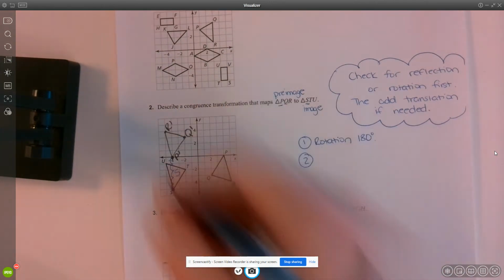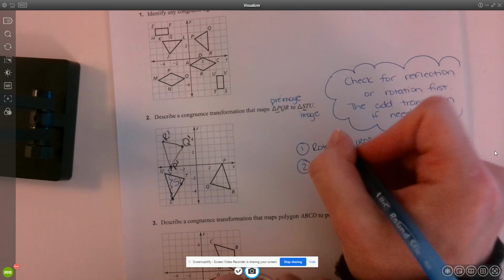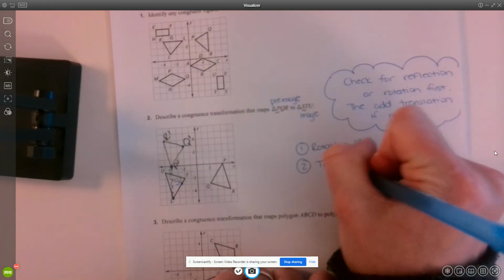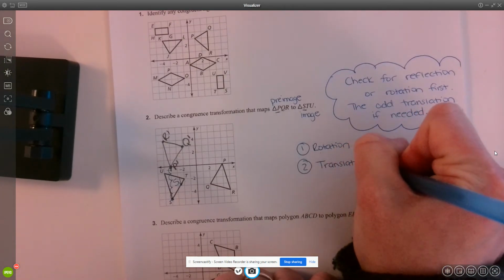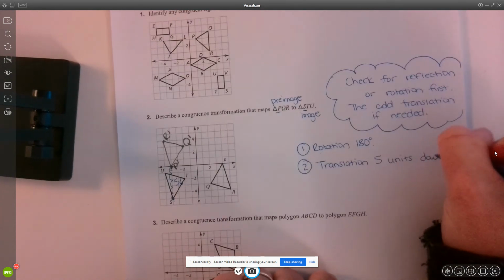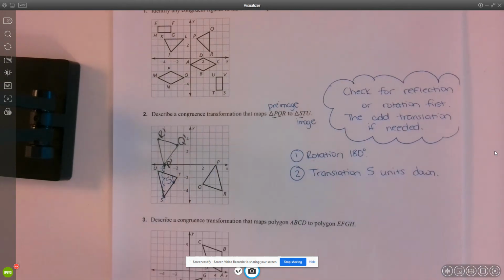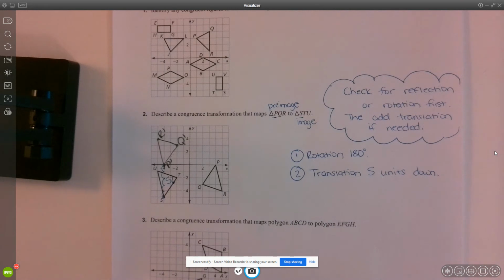I just need to move it 5 units down. So after my rotation of 180 degrees, I need to do a translation 5 units down. So these two steps describe one possible congruence transformation that maps triangle PQR to triangle STU.